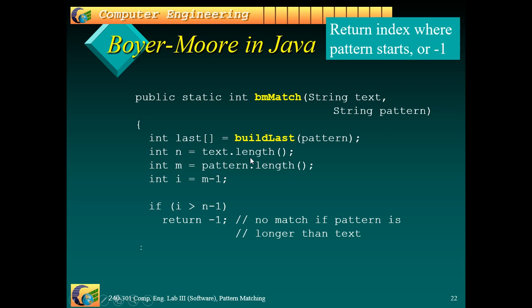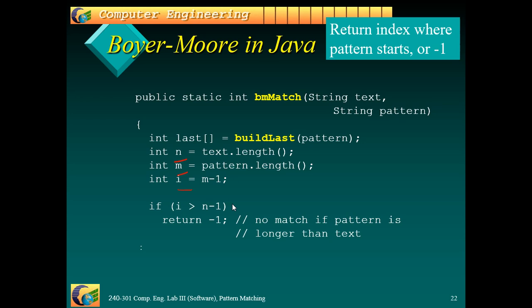Then we are finding the length of both text and pattern, represented here with n and m variables, and i starts with m minus 1. Initially, when you align, since the comparison is from the backward onwards, i also should be aligned with the last character position of your pattern.